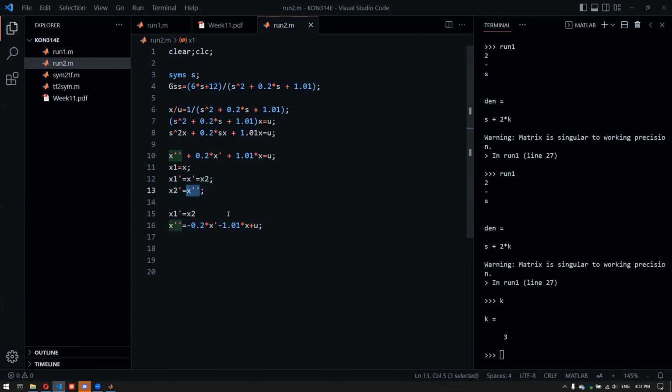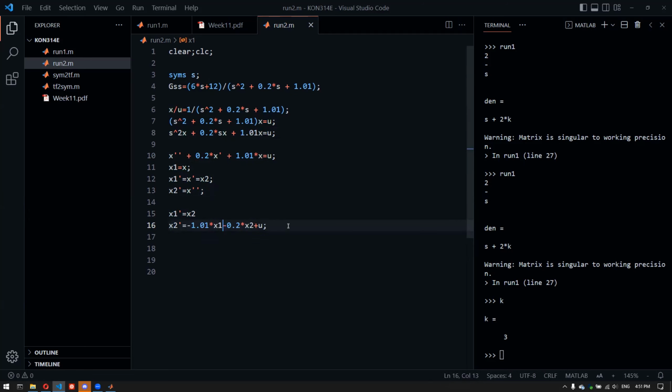So instead of having x double derivative, let's have x2 derivative. Instead of having x derivative, I'm going to use x2. Instead of having x, which is basically x1, I'm going to have x1. So I'm basically getting rid of all the x terms, and I substitute them with x1, x2, whatever. Now rearranging them a little bit more would help out.